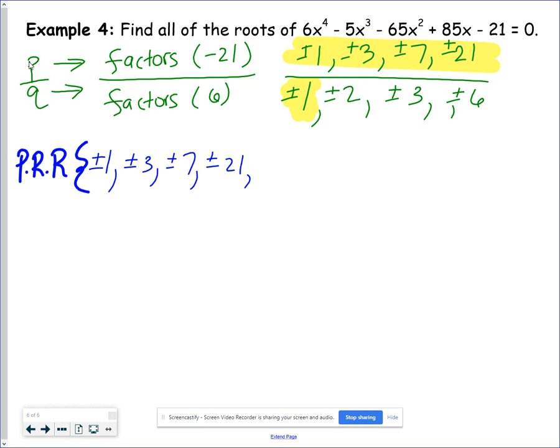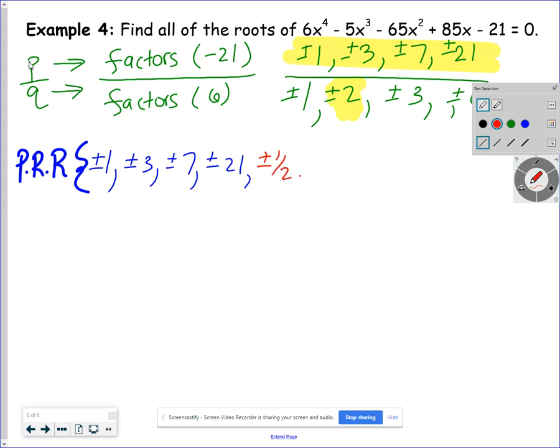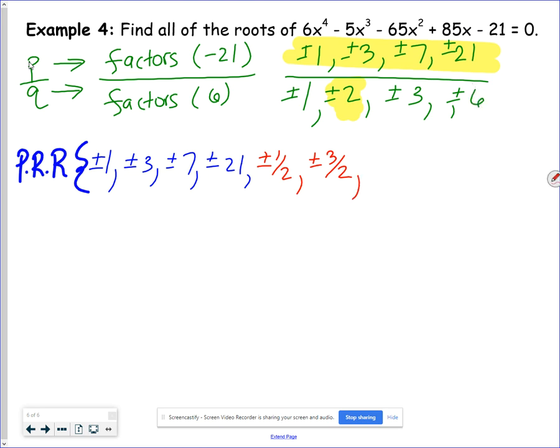So now we're going to take them and put each of those numbers over 2 and see if we're getting new ones. So 1 over 2 is a new one, 1/2. 3 over 2 is a new one. 7 over 2 is another new one. And then 21 over 2 is another new one.